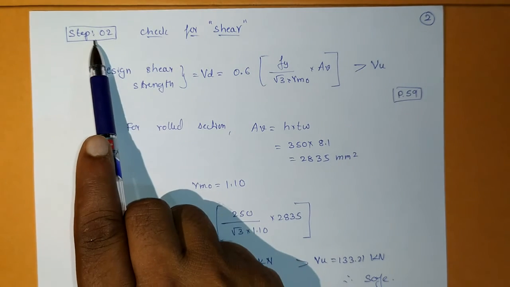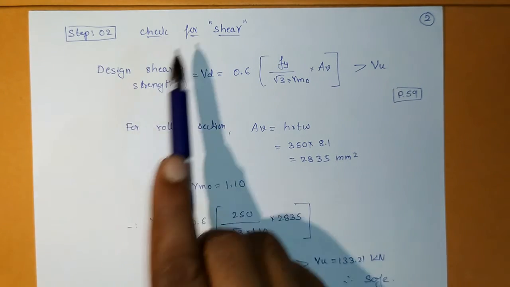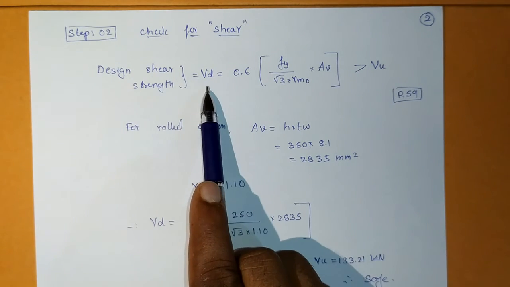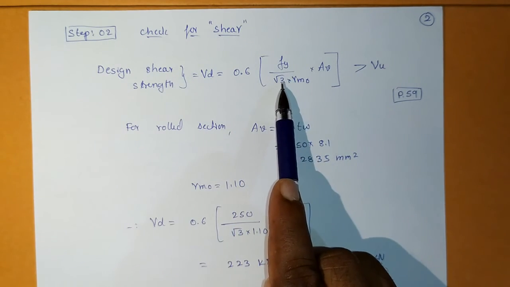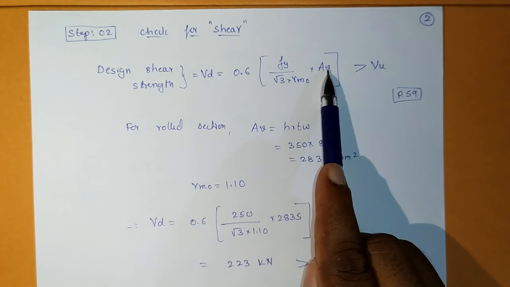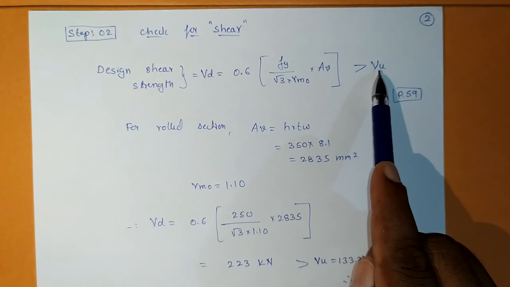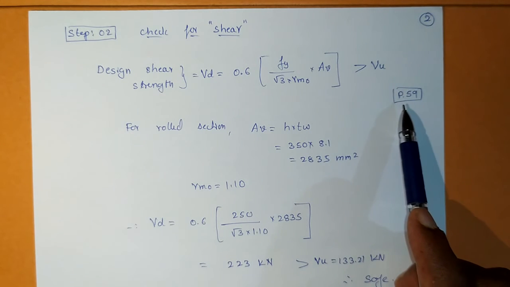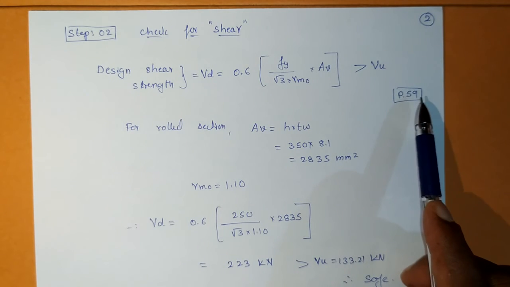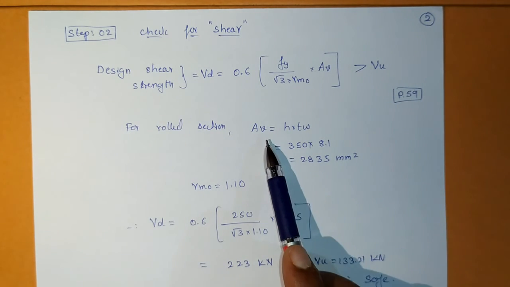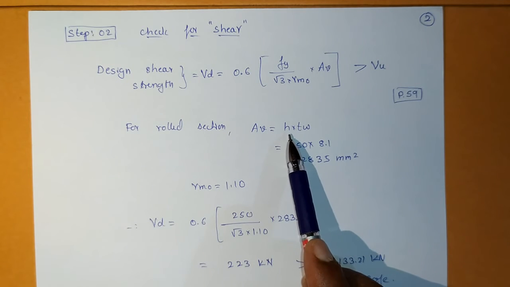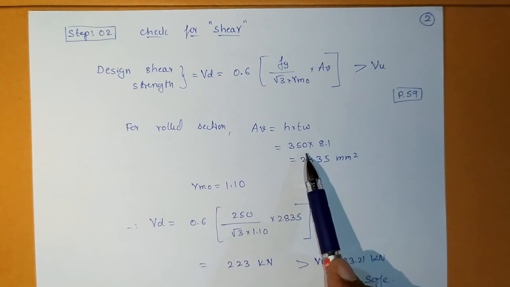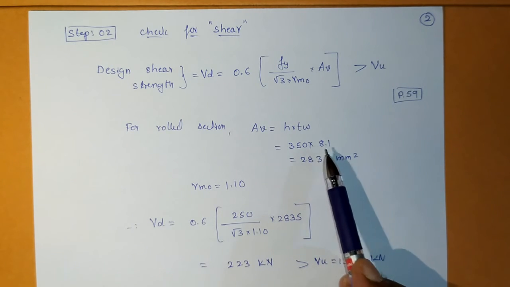In step number 2, we have to check for shear. Design strength: this is the formula, VD equal to 0.6 into Fy divided by root 3 into gamma M0, into AV. This should always be greater than VU, the ultimate shear force. This formula is available on page number 59 of the IS 800 code book. AV is calculated using H into TW, 350 into 8.1.